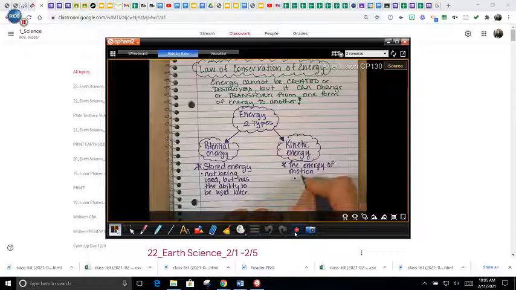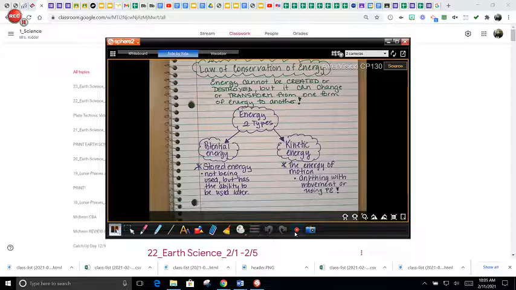So anything with movement or using energy, and basically using potential energy, is kinetic. So when we transform potential, that's stored energy, and we start to use it to do some work, it becomes kinetic energy.